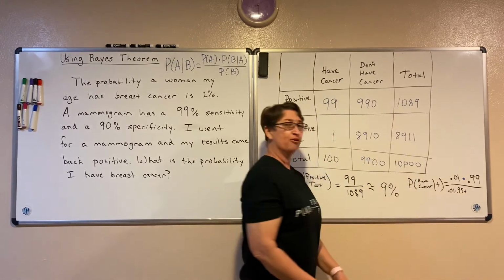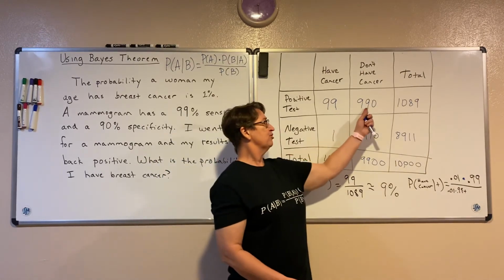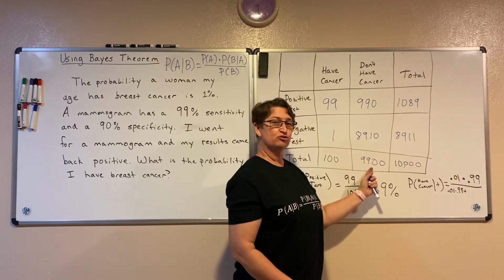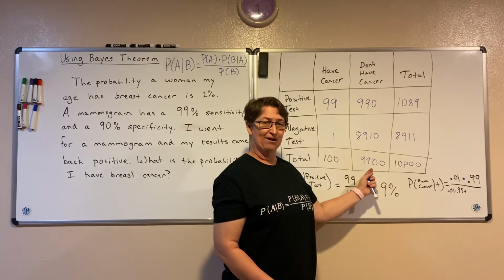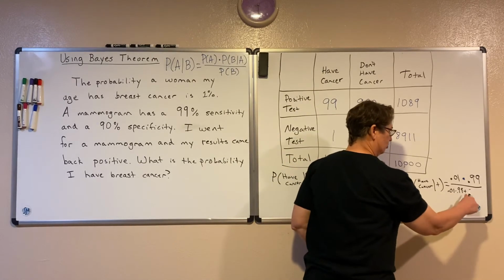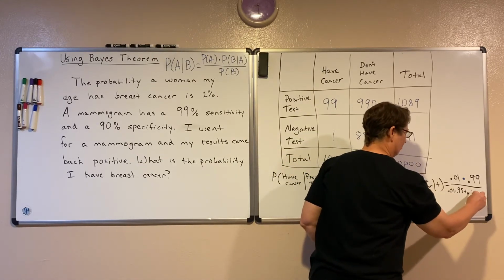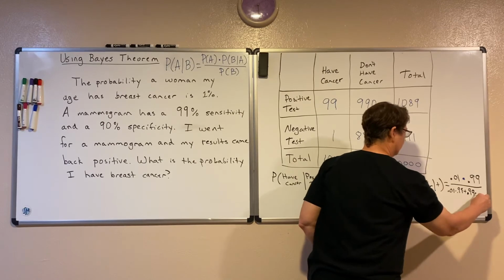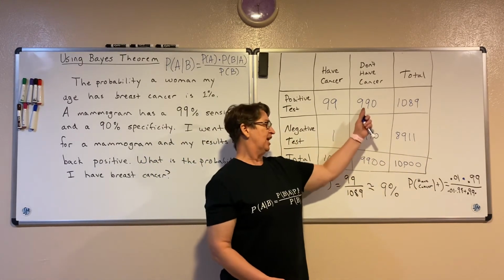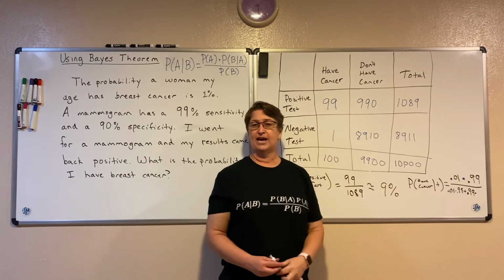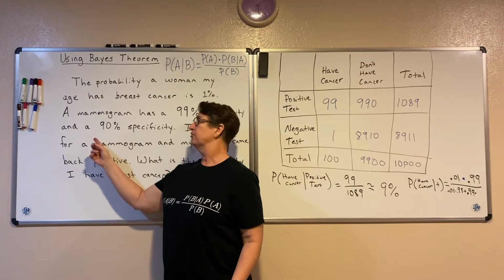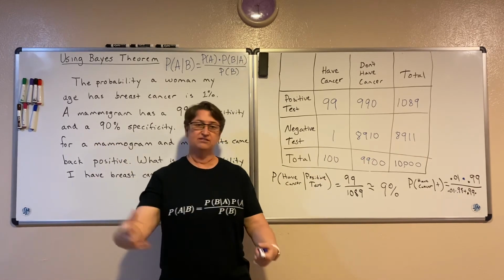Then, on the other part, in order to find out the positives that don't have cancer, well, that's the probability that you don't have cancer, which was the complement of that 1%, which is 99%, or 0.99. And then the probability that you get a positive test when you don't have cancer is also the complement of this 90%. The complement of that 90% is 10%.